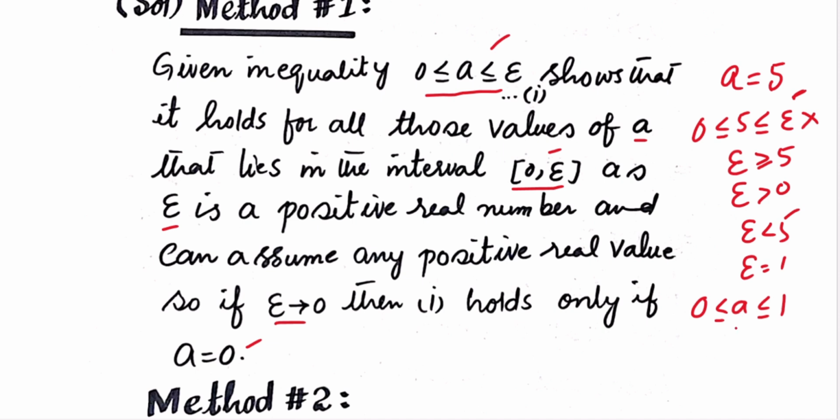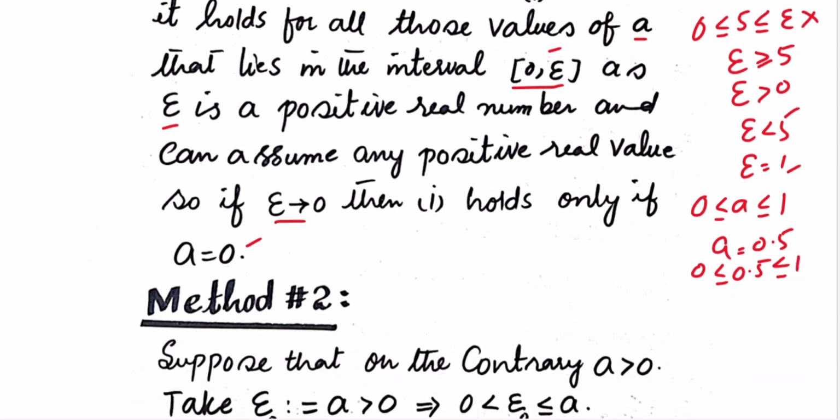Now again, suppose a is 0.5, then clearly this inequality holds for this choice of epsilon. But again, epsilon is any positive real number. So if I take epsilon equal to 0.05, then again this inequality will not hold.